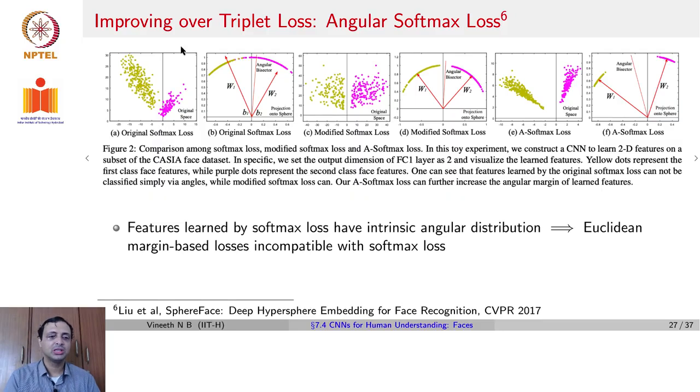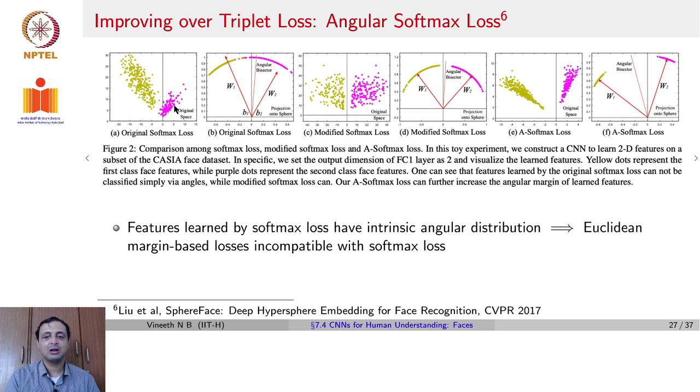So if you had an original softmax loss and you considered the embeddings of the neural network before applying the softmax loss, whatever embedding you had from the penultimate layer before applying the softmax activation function and the cross entropy loss after that, you may have an embedding something like this, where all these points in yellow belong to one class.